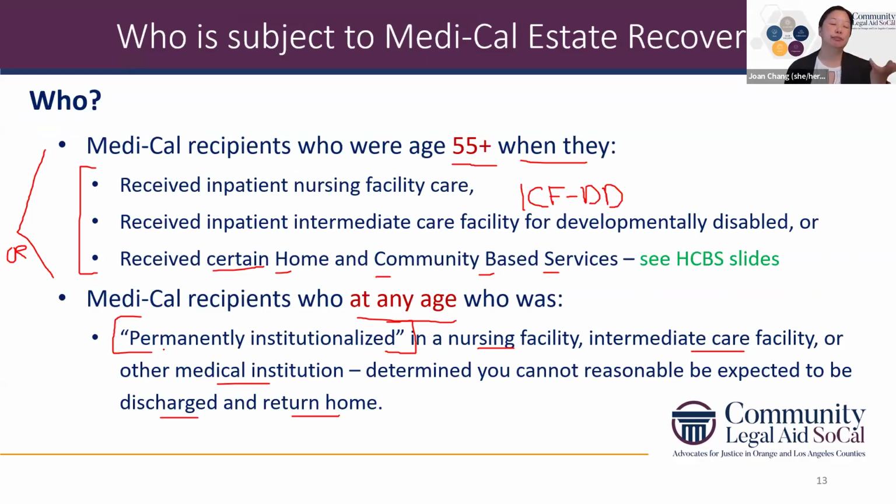The reason and policy behind a lot of this is these types of care cost a lot, and it costs the state a lot of money. And so if there is an asset or an estate to go after to recoup those costs, the state of California is going to do its best to do it. But there's a ton of exceptions that we're going to go through to potentially avoid collection and recovery.